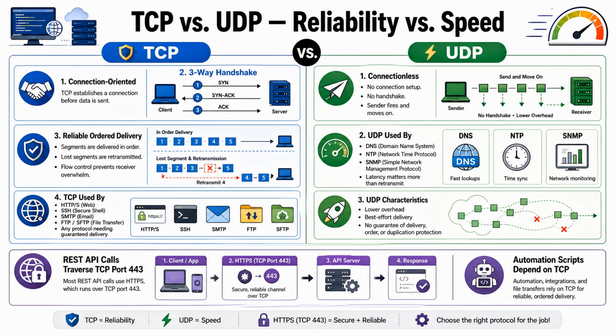TCP stands for Transmission Control Protocol, and it's connection-oriented. Before a single byte of real application data moves, TCP executes a three-way handshake between the two endpoints. Your client sends a SYN, short for synchronize, segment to the server. The server replies with a SYN-ACK, meaning it acknowledged your SYN and is sending its own synchronize.